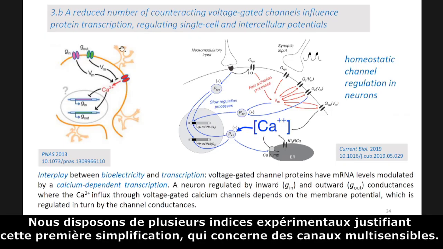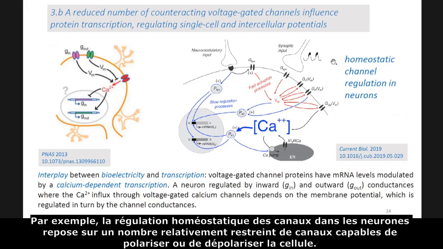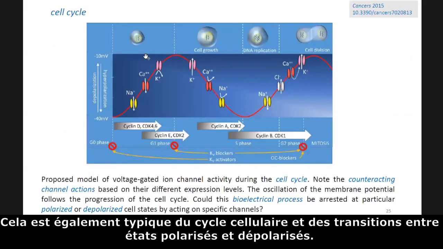We have some experimental excuse to make this first simplification that concerns only voltage-sensitive channels, in the sense that, for instance, homeostatic channel regulation in neurons is based only on a relatively small number of channels that attempt to polarize or depolarize the cell. This is also typical of the cell cycle.